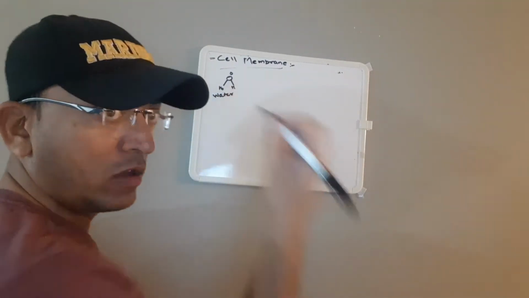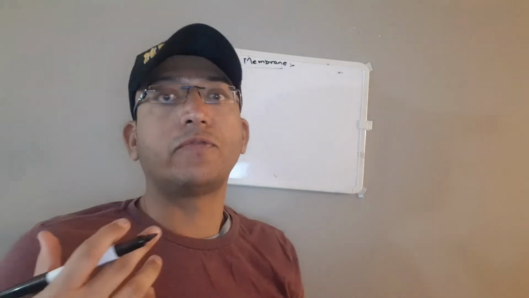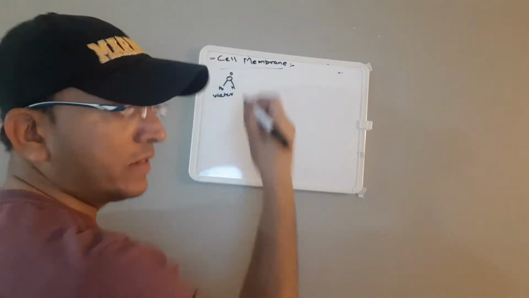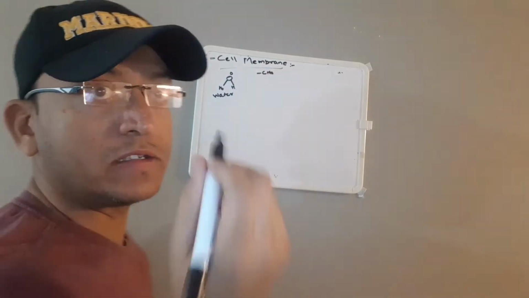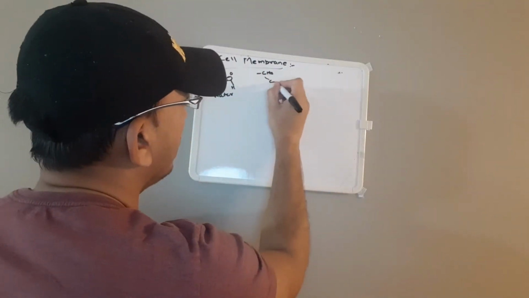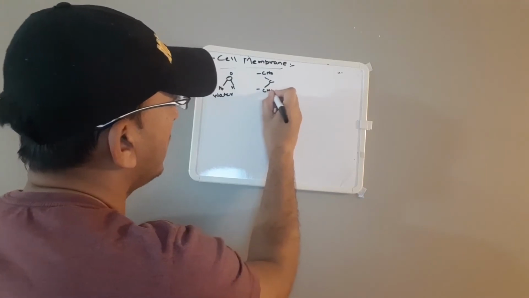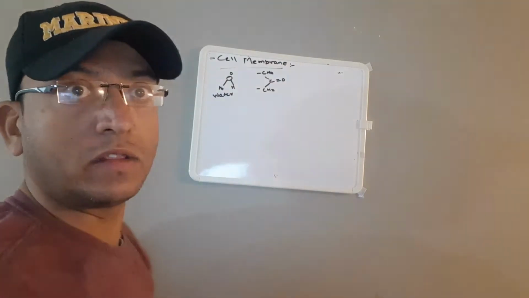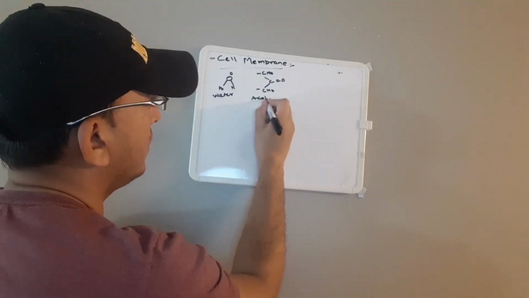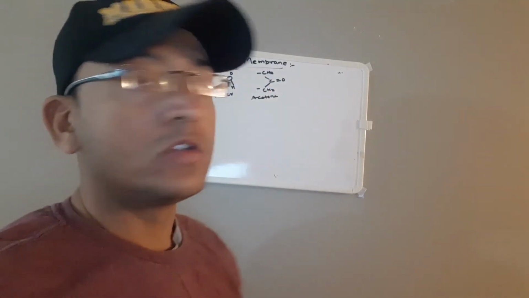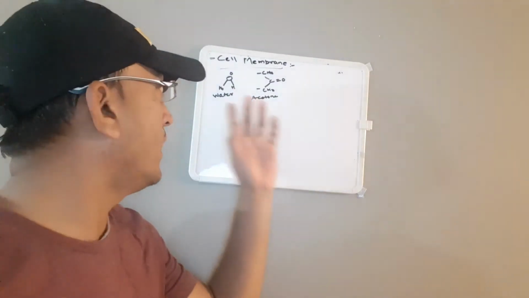This is a water molecule, and let's take an example of a hydrophilic molecule: acetone. It will be like this. So this is the hydrophilic molecule, acetone, and that's the water.